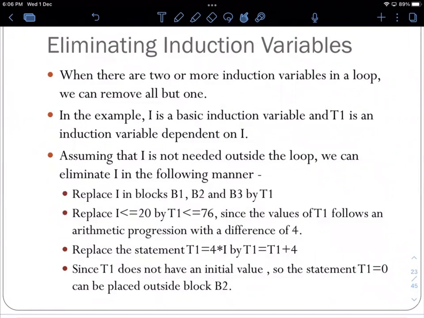When we have two or more induction variables, what we do is remove all the induction variables except one, all but one. We keep only one induction variable. So in our example, I is a basic induction variable and T1 is an induction variable which is dependent on I.